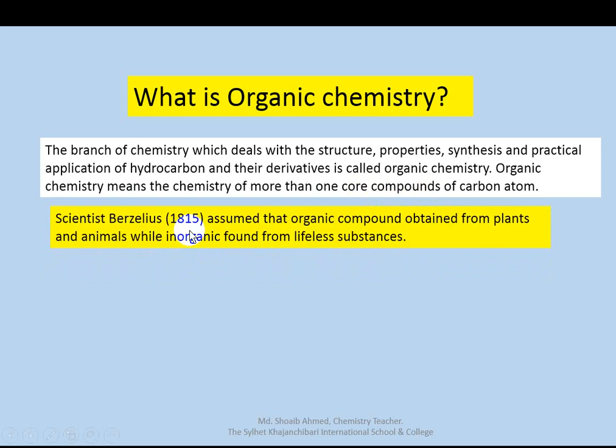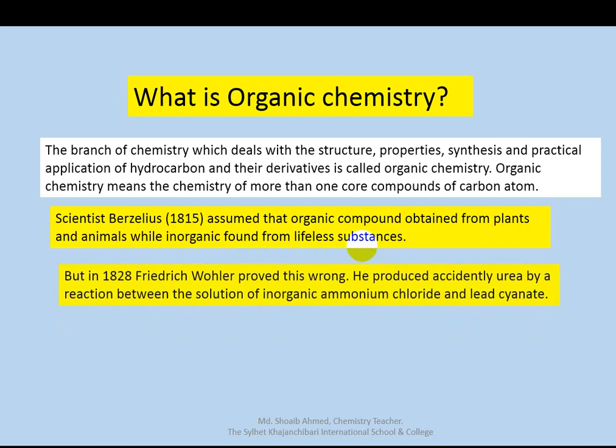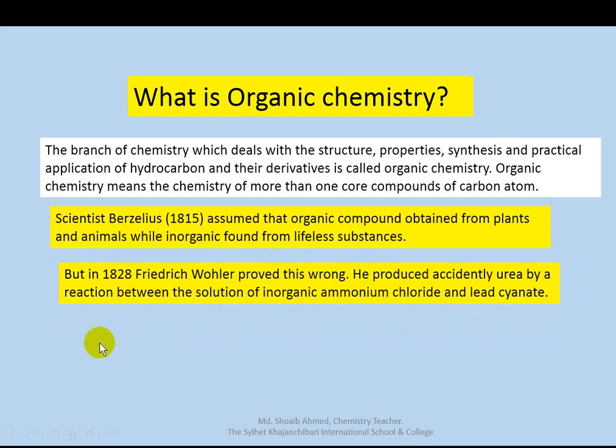Scientist Berzelius in 1815 assumed that organic compounds are obtained from plants and animals, while inorganic compounds are found from lifeless substances. But his assumption was proved wrong by Frederick Wöhler in 1828.